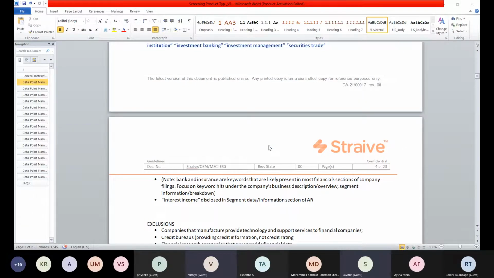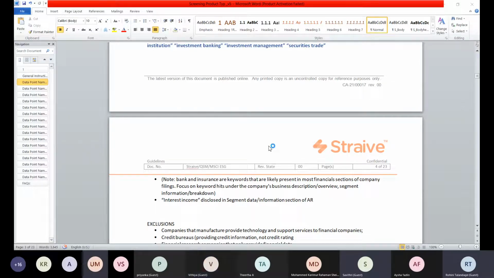We can mark yes if the company makes revenue from the data point which we are searching. If the company does not fall under that category, we can mark no. And if it is not at all operating and we cannot find that keyword in the company, we can say not reported. Yes, correct.